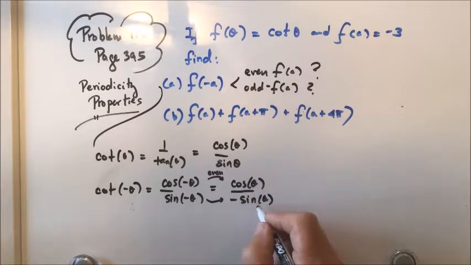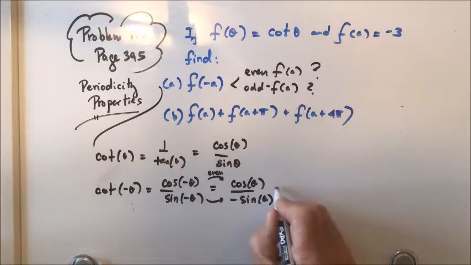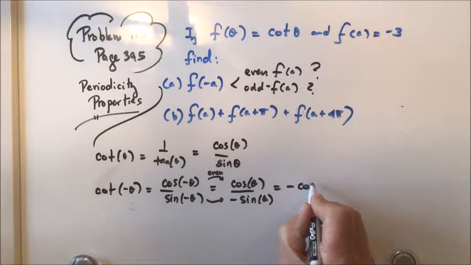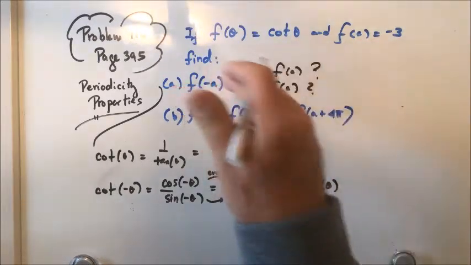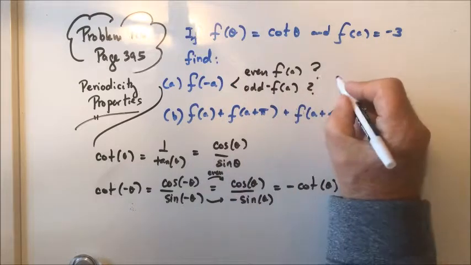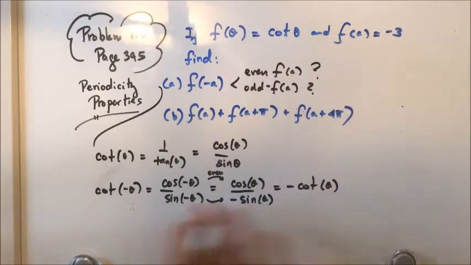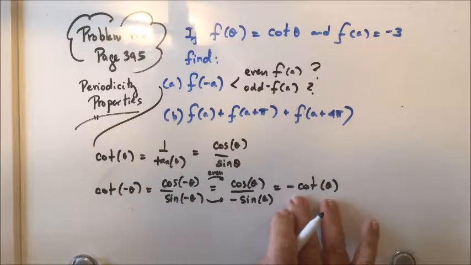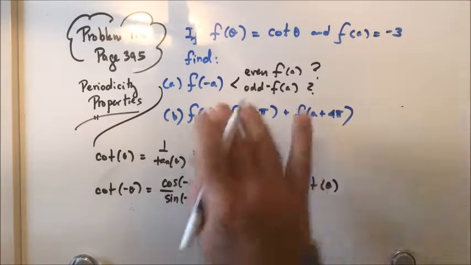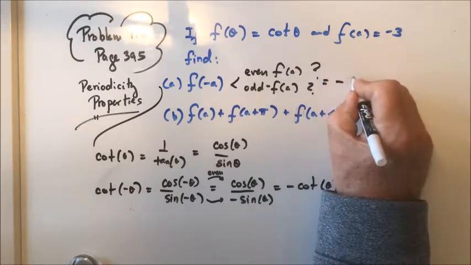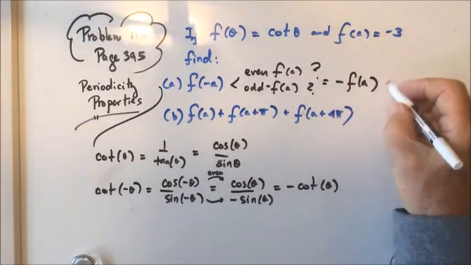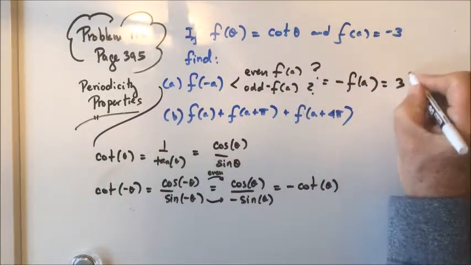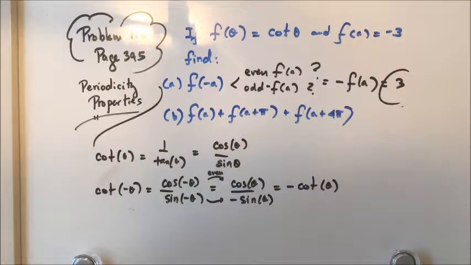Now I've got cosine over sine theta with a minus sign, that's equal to minus cotangent theta. So the answer to problem A is, evidently, cotangent is, not surprisingly, an odd function, and therefore the answer here is minus f of a. And f of a is minus 3, so the answer here is 3. That's sort of a convoluted problem, yeah?